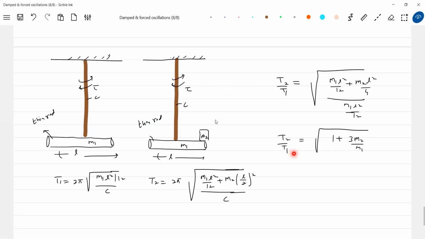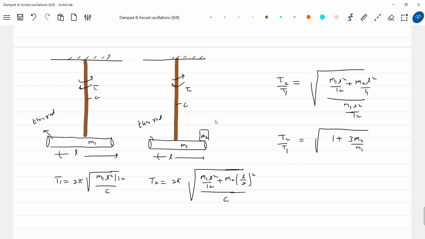How to find out the couple per unit twist here? What we can do is take the difference of these two, and we can find out the couple per unit twist. You do have wide varieties of problems of this kind, and students get confused.